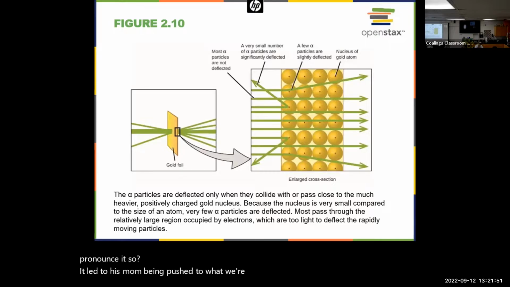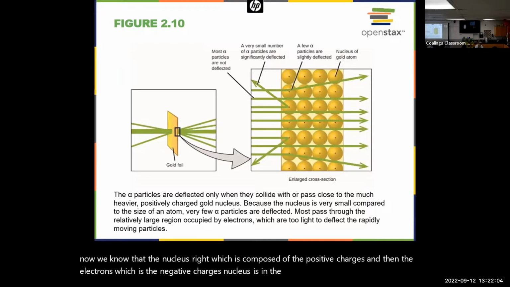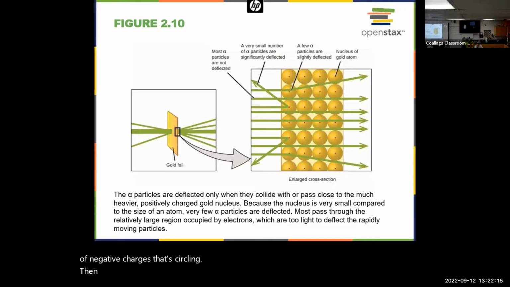The only difference is that now we know the nucleus is composed of the positive charges, and the electrons are the negative charges. The nucleus is in the center, and the electrons are on the outside, and they form what we call a density cloud. It's just like a cloud of negative charges circling the nucleus. Okay, I'll show you a figure of that later on.